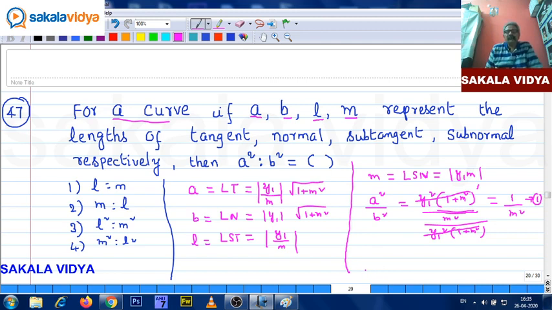Now, here you do one thing. For example, let us find M square by L square. Let us see what we get. M square means y1 square m square, and L square is y1 square by m square. Okay, wait now.